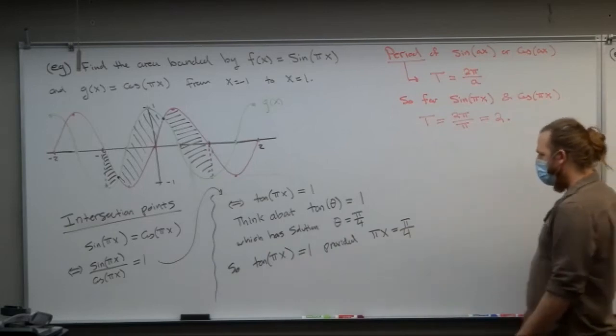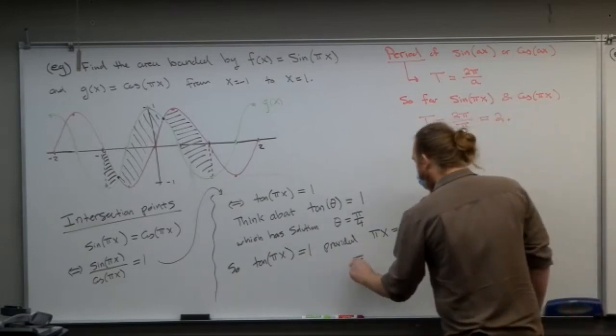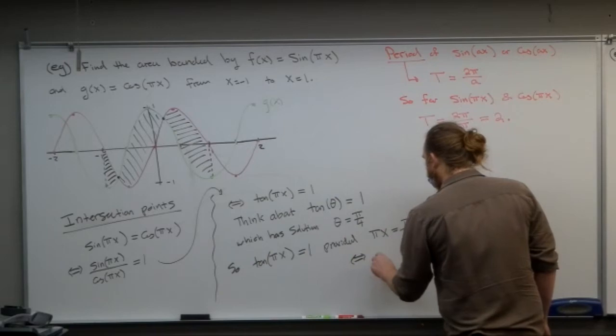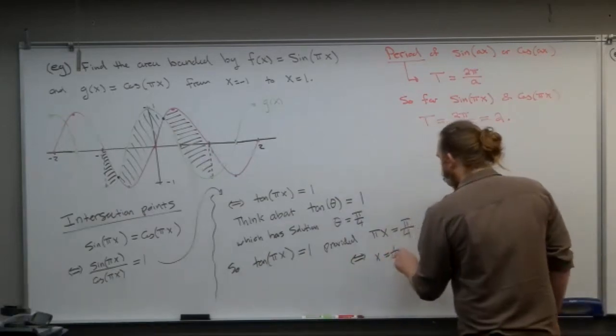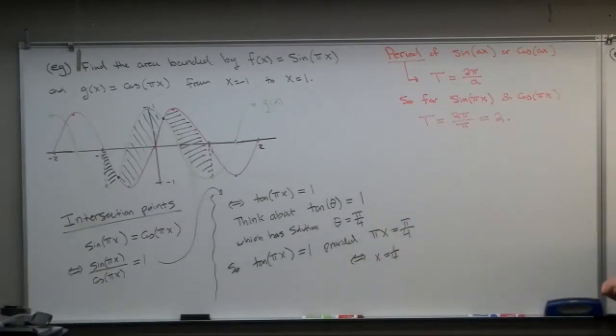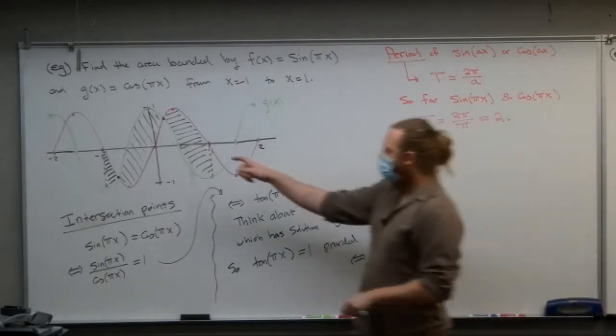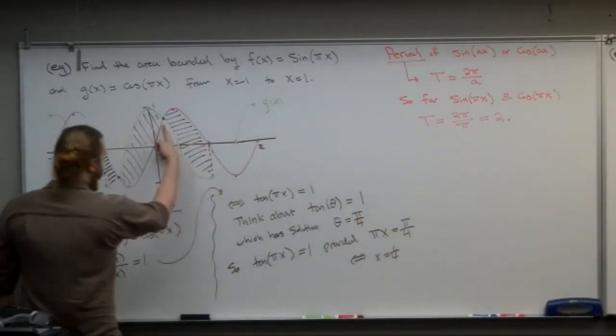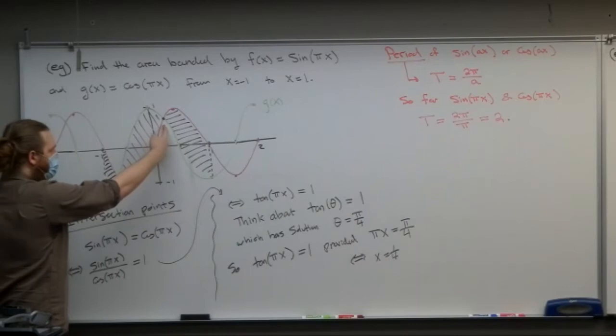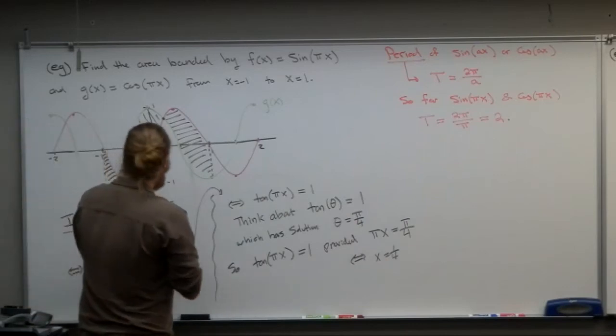And then dividing both sides by pi, as Daniel said, we get 1/4. So our positive solution over here is at 1/4, right?